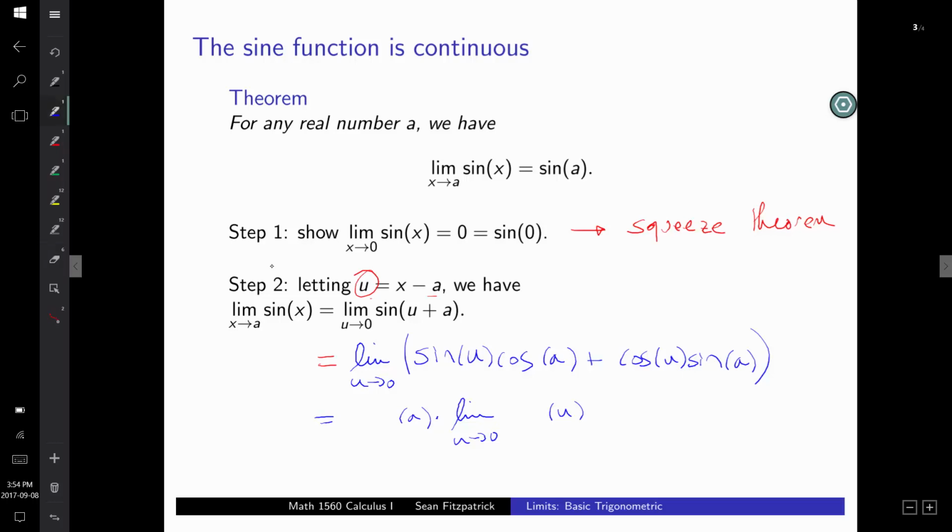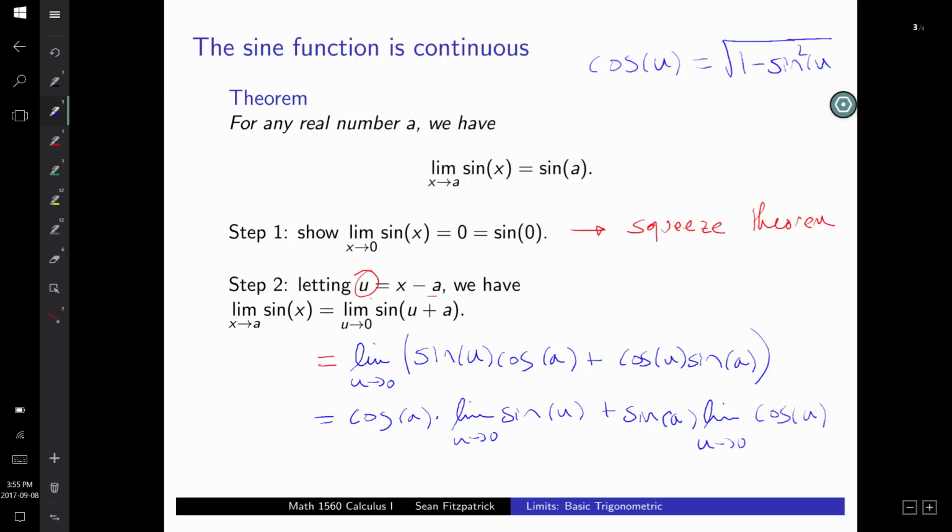So this is now cos a sine u, and then sine a, and then the limit as u approaches 0 of cos u. For this limit for the cosine function, you could rely on the fact that sine squared plus cos squared equals 1. I can do some rearranging and write cos u as the square root of 1 minus sine squared u.